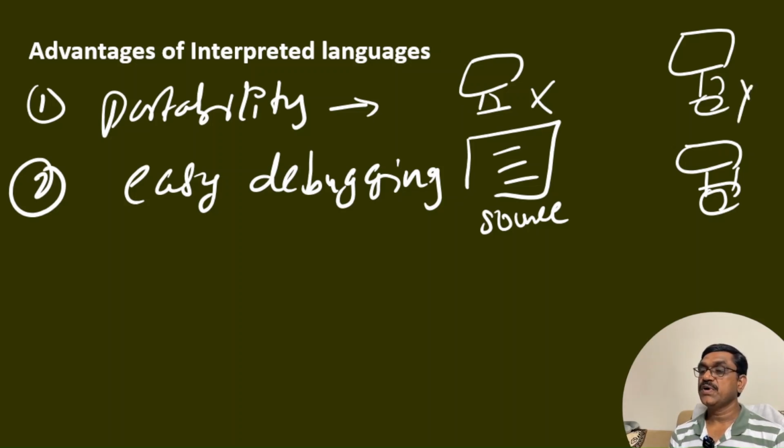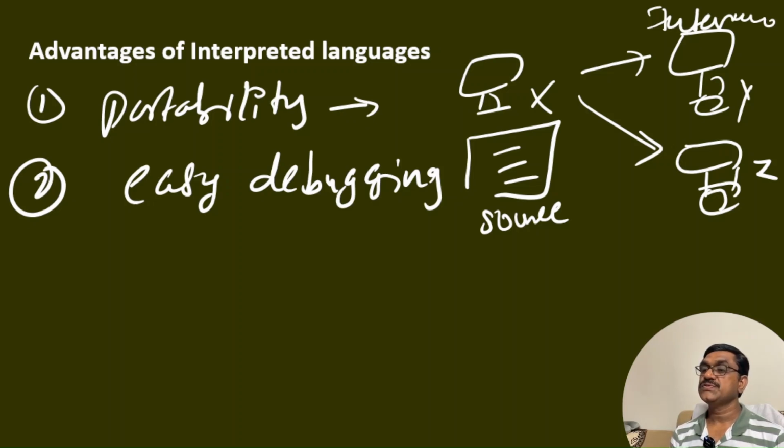When systems Y and Z want to execute the source code written at X, a copy of the source code from X is distributed to Y and Z. And systems Y and Z can execute the source code written on X by using the interpreters which are installed at Y and Z.